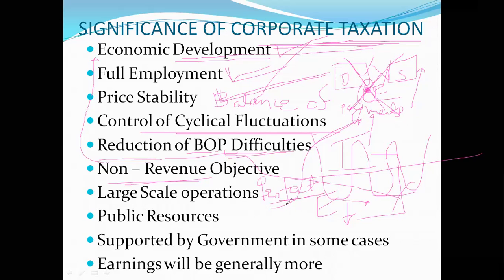The government requires money for policing, the police department, and for the military department. Money is required to protect the country from outsiders as well as insiders. So for that, the government goes for taxation. So these are the general significant points with reference to taxation.